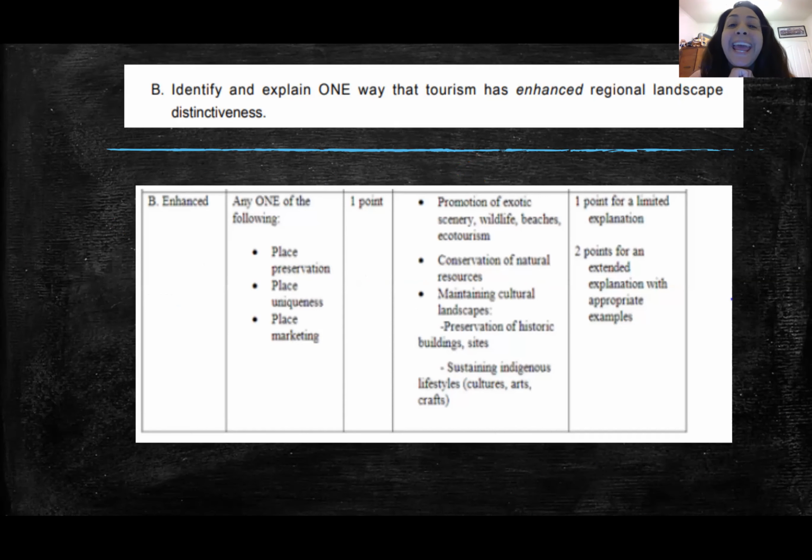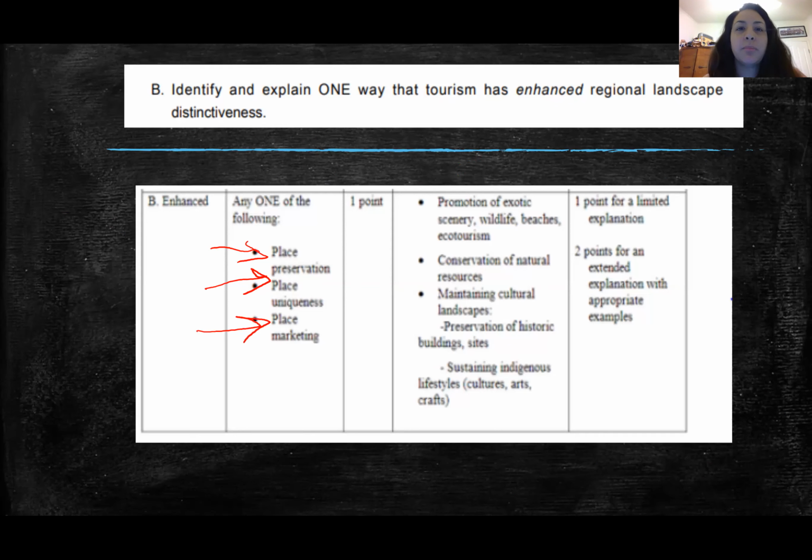So to enhance the regional distinctiveness, you could talk about place preservation. Quinta Mazatlan, that's a good example. The birding centers, right? So place preservation, place uniqueness, things that you only have in that one area. Botanas. And place marketing.